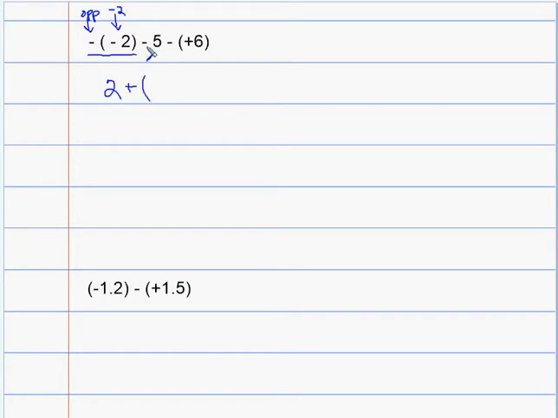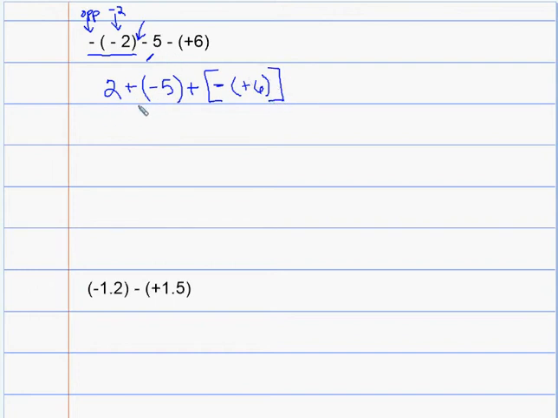So we're going to add the opposite. Now it wasn't inside parentheses, right? So we're going to put a plus sign right here, and then we're going to put the negative 5 in parentheses. Because instead of subtracting, we are going to add the opposite of the number, opposite of 5. And then we have another subtraction sign, so we're going to add the opposite of the positive 6.